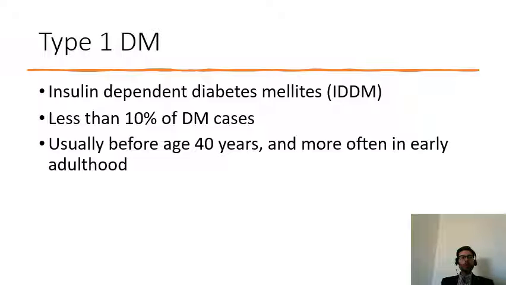So that's why we call this type of diabetes insulin dependent diabetes mellitus, IDDM, because it mainly depends on insulin. And type 1 diabetes mellitus is not that common. It's less than 10% of diabetes cases, and it usually occurs in early adulthood, usually before the age of 40 years old.